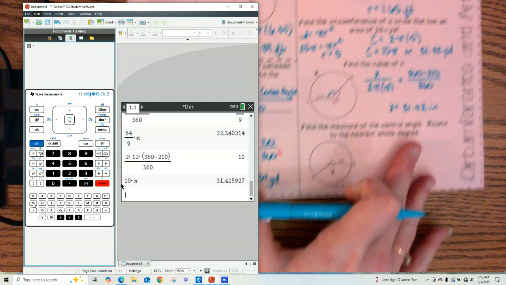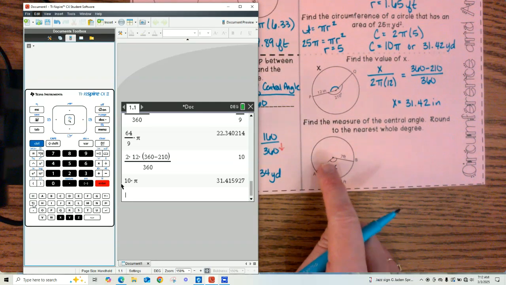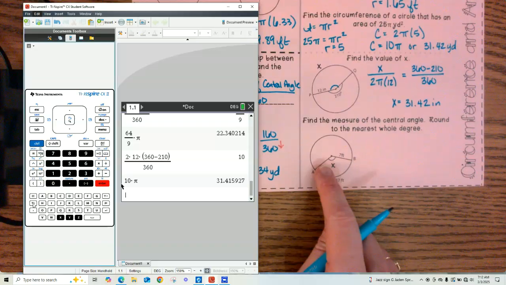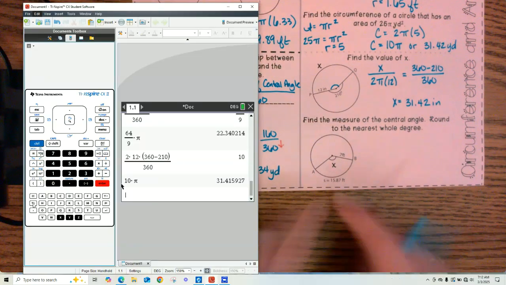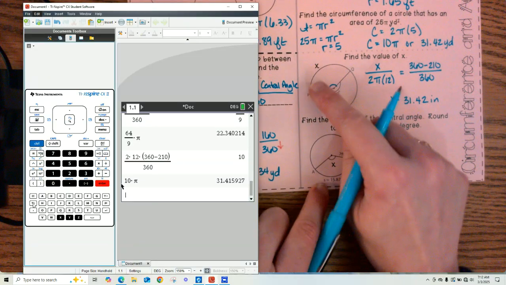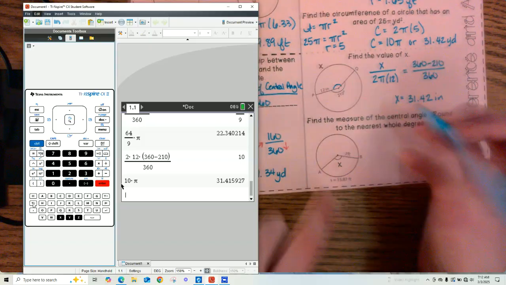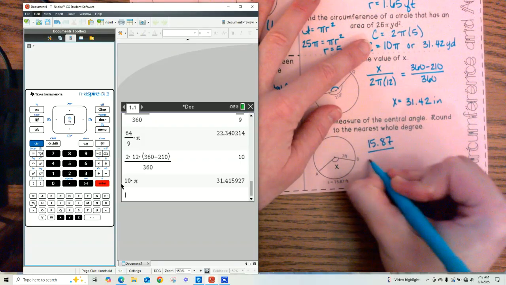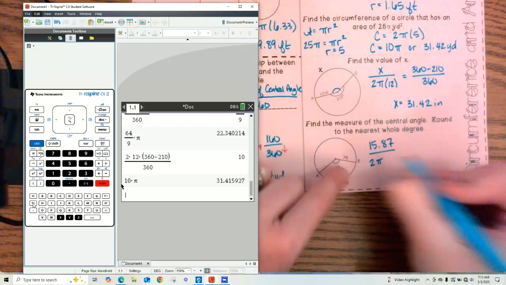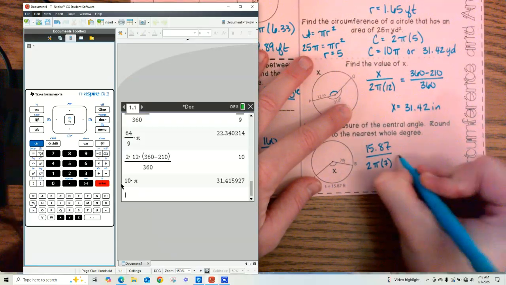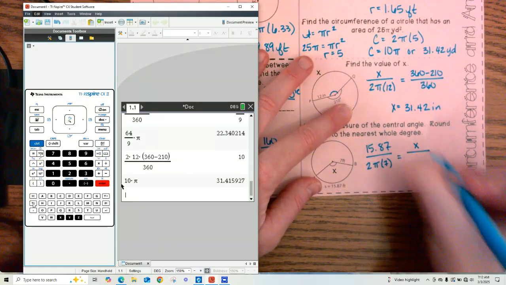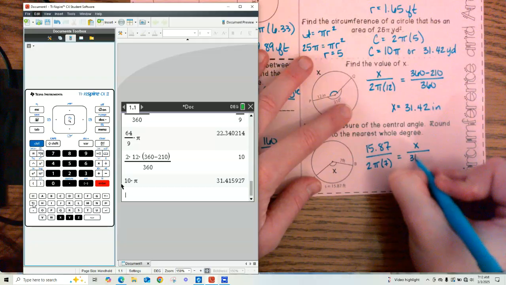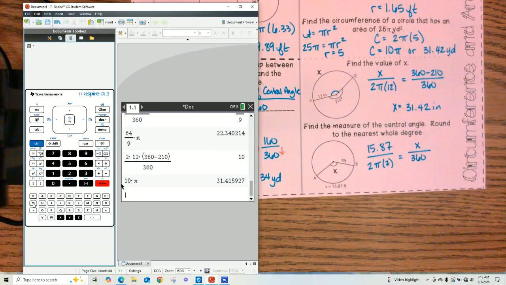All right, and then finally, now we're going to find the measure of the central angle. So now we have this arc length, which is 15.87. Over the circumference, 2 times pi times the radius, we're looking for the central angle over 360.